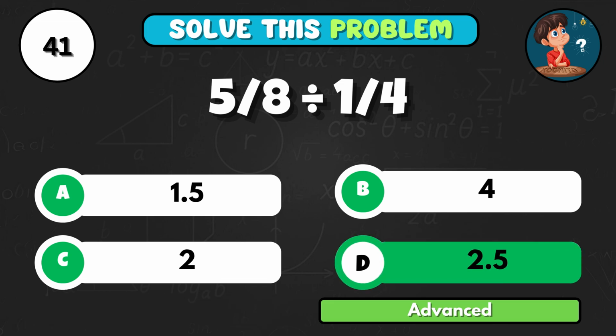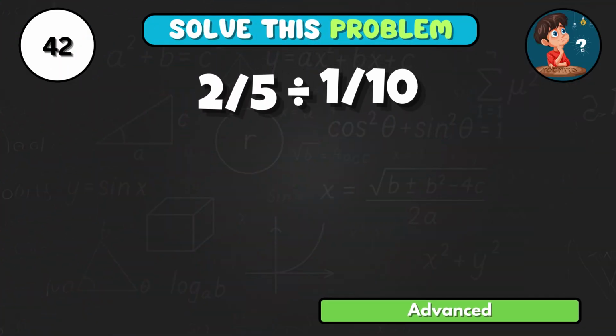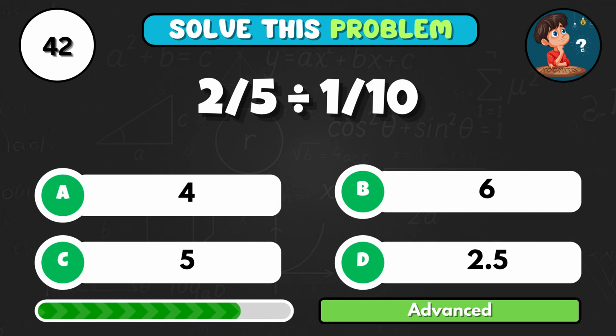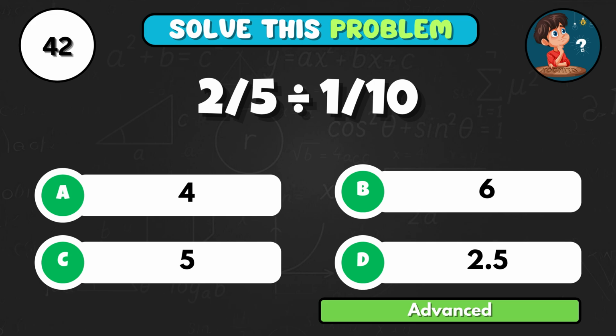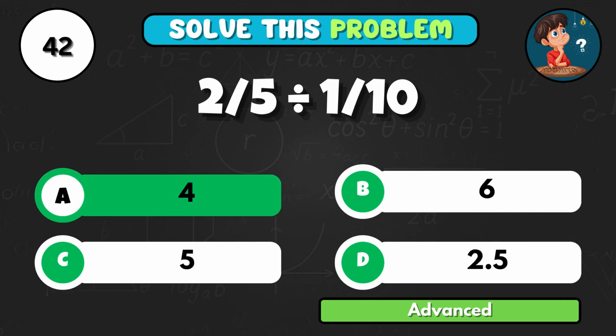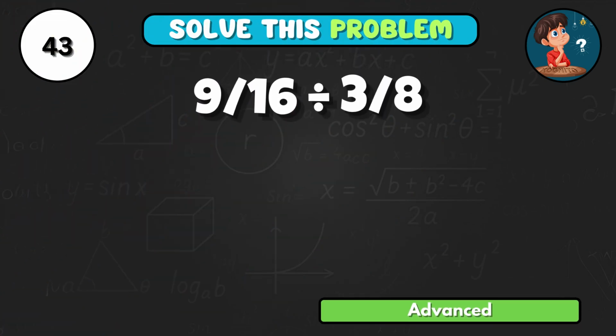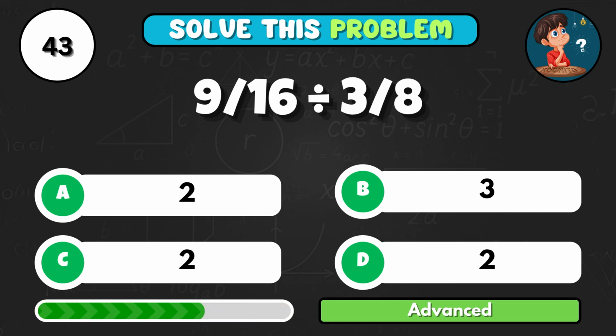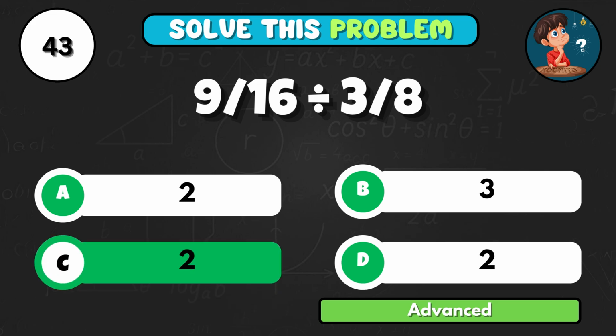That's D, 2.5. 2/5 divided by 1/10 equals what? It equals A, 4. 9/16 divided by 3/8 equals what? That's C, 2.